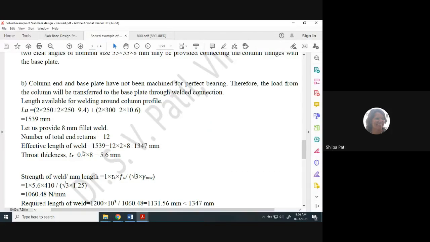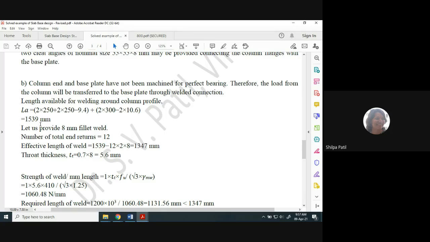Okay, we were discussing the effective length of the weld, and I think some student was asking some doubt. Ma'am, why are we deducting the end returns, since when we are calculating the perimeter we aren't considering it in the first case? No, along the perimeter, when we calculate this total length, we have considered those edges also.